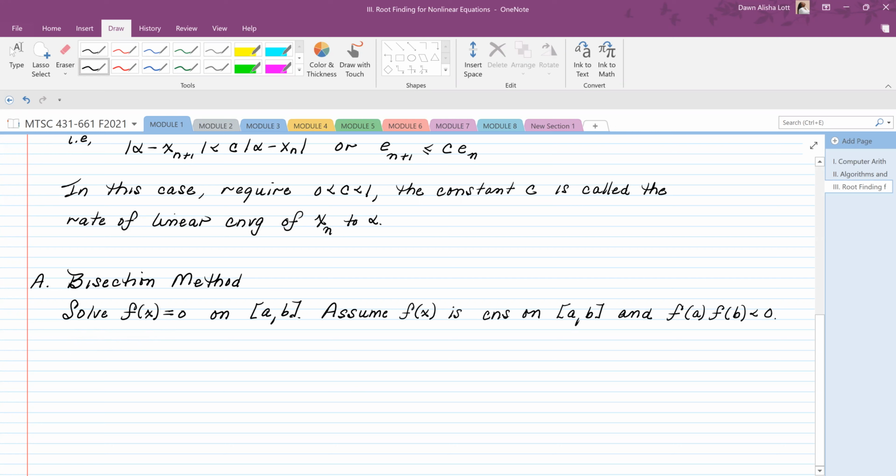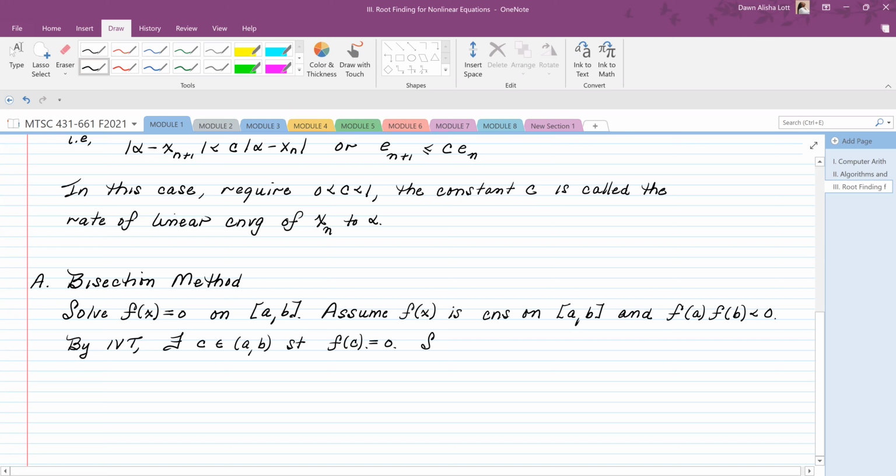Okay. By the intermediate value theorem, there has to exist a C inside the interval AB such that f of C is equal to 0. All right.